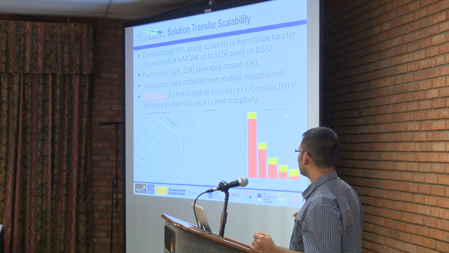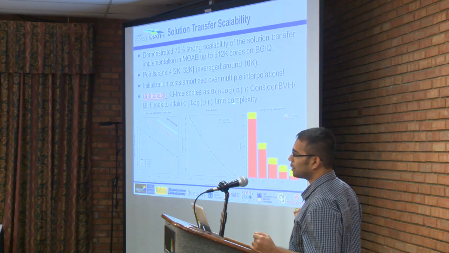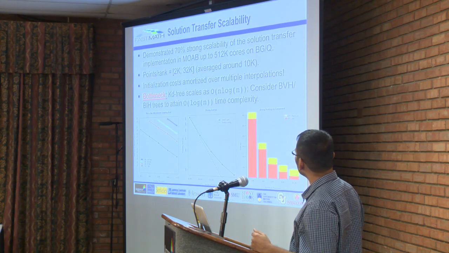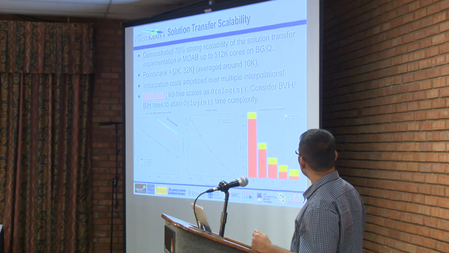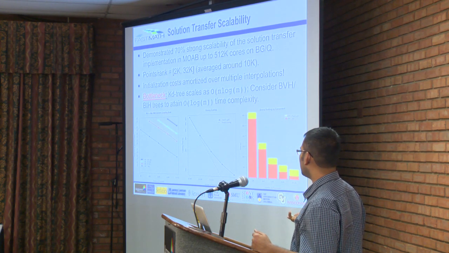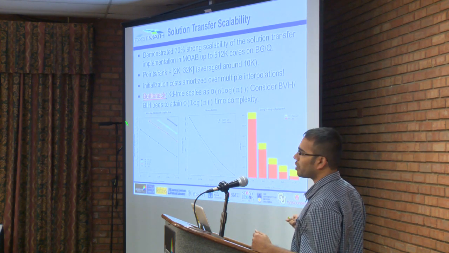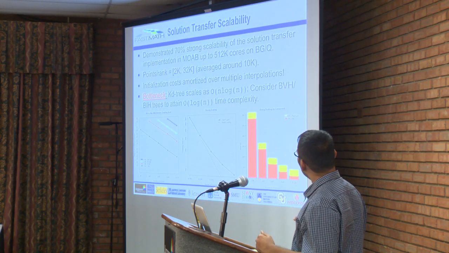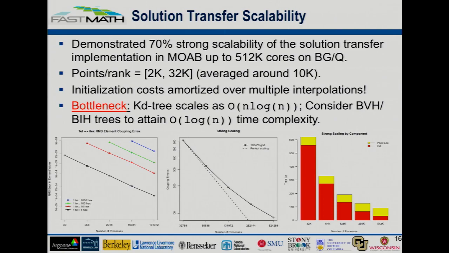Well, actually, the point location and the interpolation is what takes the most time. So the setup happens only once during the whole simulation. So it kind of gets buried in your actual process, because you're going to do the solution transfer over and over when solving your time-dependent problem at every nonlinear step. So the interpolation is what matters.